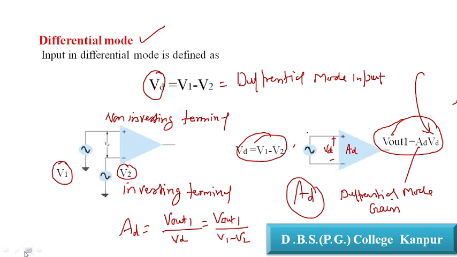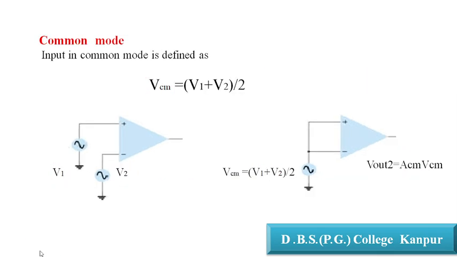Discussing the next slide, what is common mode? Common mode means a common voltage is applied to both terminals, the same voltage to both terminals. This input is defined as VCM. The subscript CM is used for common mode.